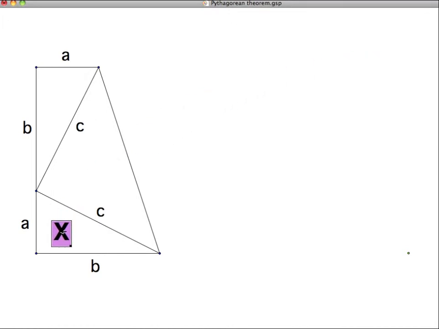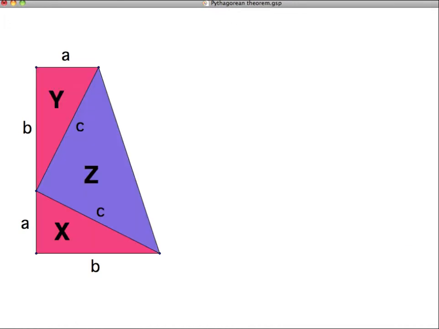Call this first triangle, triangle X, this congruent triangle, Y, and then our third triangle, Z. Now let's add some color to better show that triangle Y and triangle X are congruent.